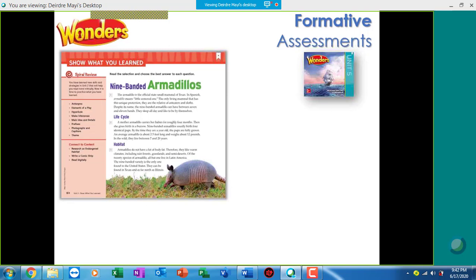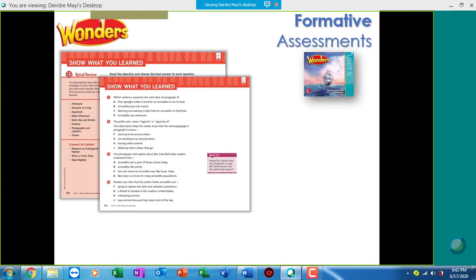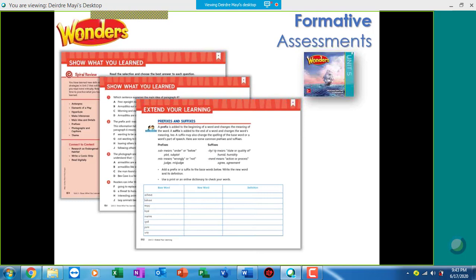Now, this is always a spiral review of all the weeks of the unit, okay? So the students will be told what it is that spiral review is covering. But the students will be able to engage in a bit of reading, and then they will answer some questions, which will, of course, reflect the skills that students learned over the previous unit.